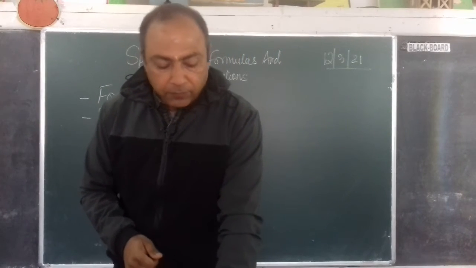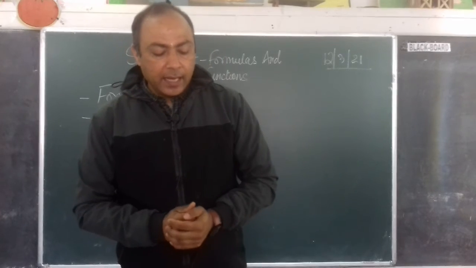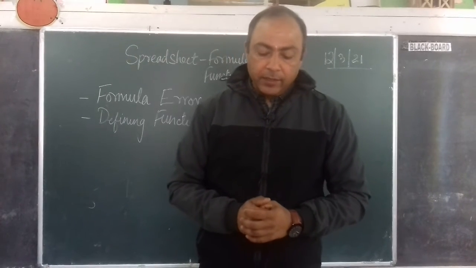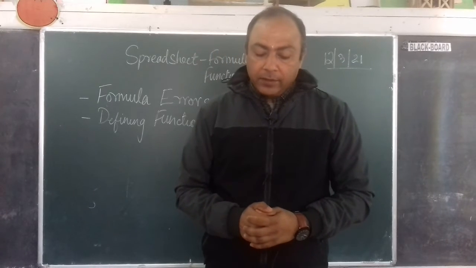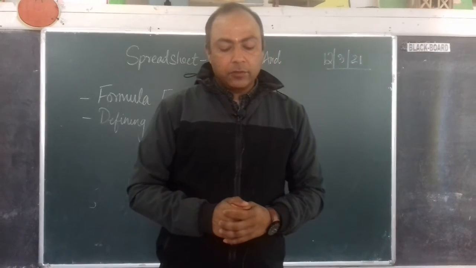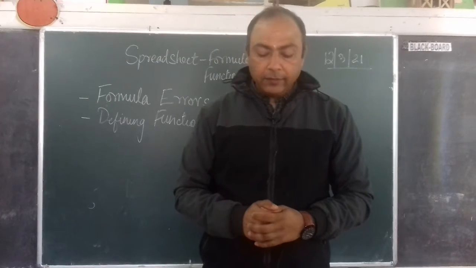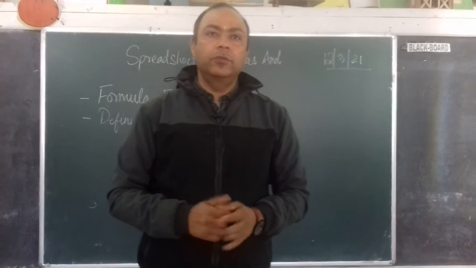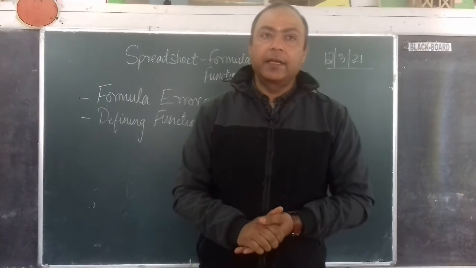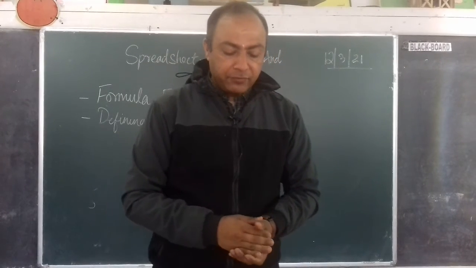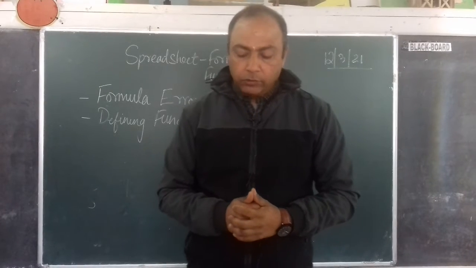Now the first type of error, the name of the error is the hash value error. So the hash value error is displayed when text, space or characters are found in the formula instead of numbers. So when you leave a space between the characters, at that time the hash value error will be there. Now how to remove this?